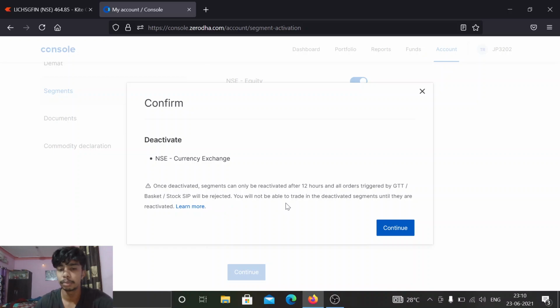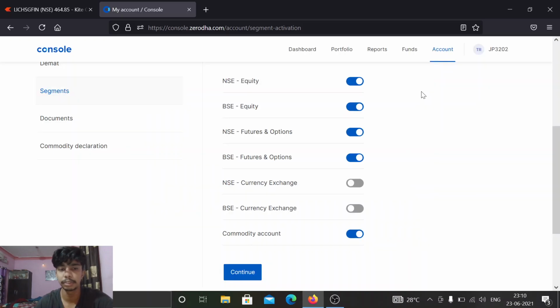You will not be able to trade in the deactivated segment until it is reactivated. If I click on continue, then this segment will be deactivated for the next 12 hours, almost one trading day. If I disable today, then I can resume it at tomorrow's trading session.